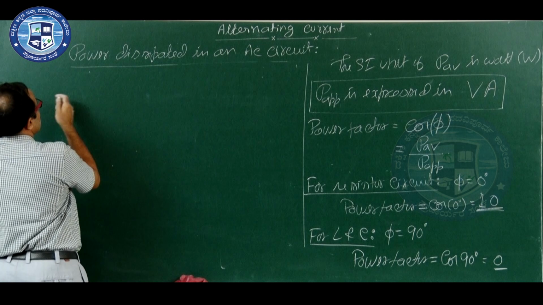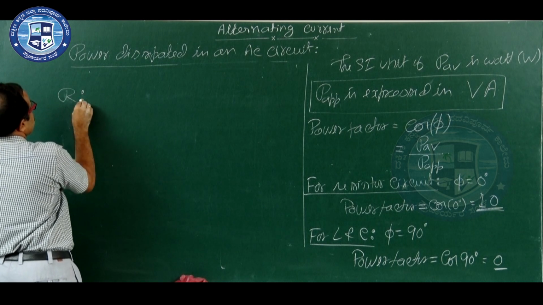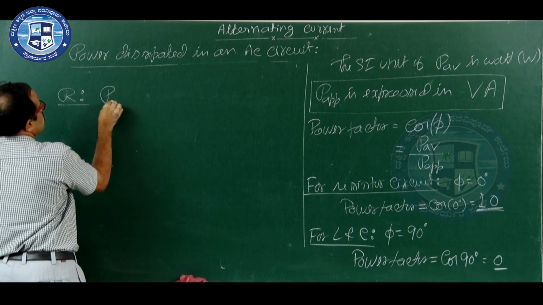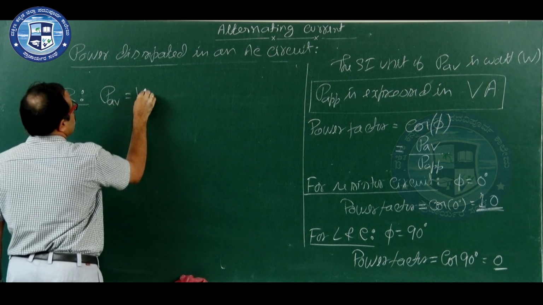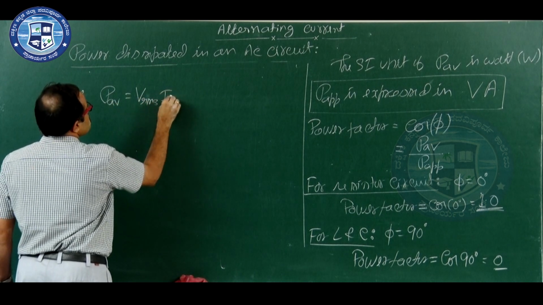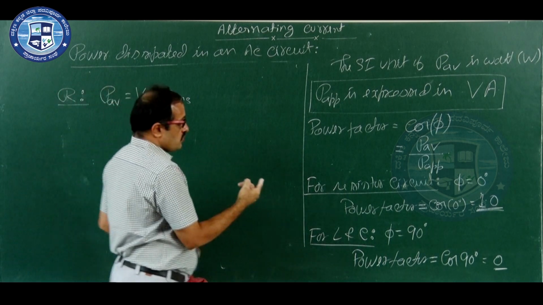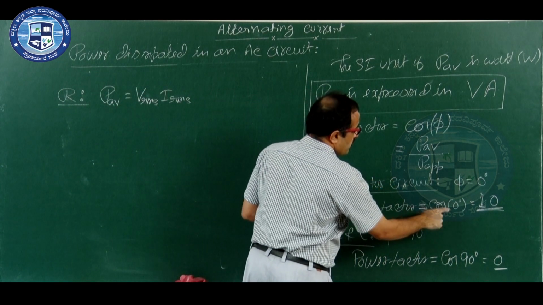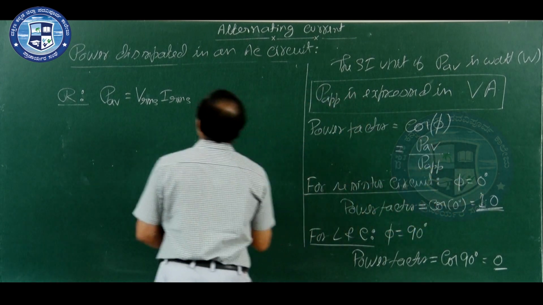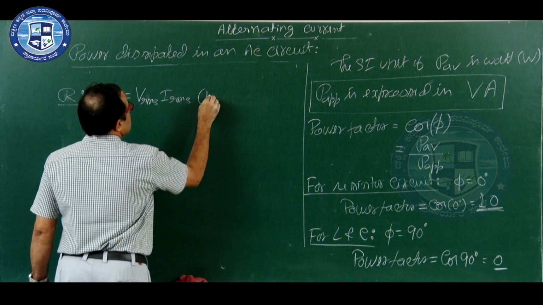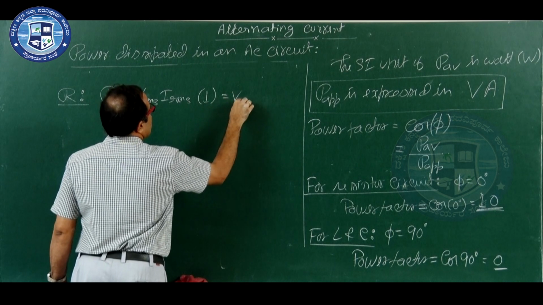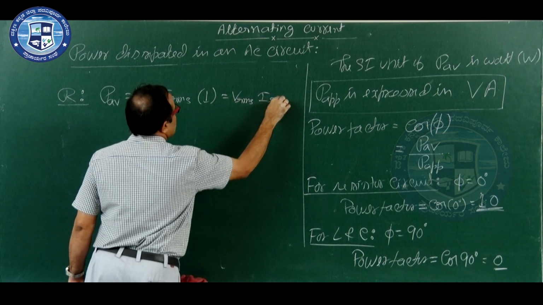Now, average power consumed in a resistor circuit. In the case of resistor circuit, P average is equal to V RMS I RMS into cos phi. But for resistor circuit, what is the cos phi? 1. Therefore, it is V RMS into I RMS.